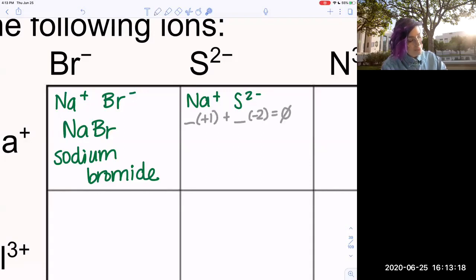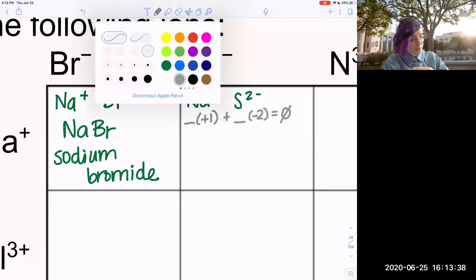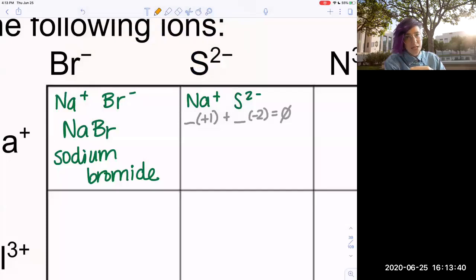So I'm trying to ask myself, what goes in these blanks? How many +1s and how many -2s do I need to add up to 0? So think about adding more of your smaller ones to get to the bigger one. The bigger one here, or bigger absolute value, is the sulfide. So how many of these sodium ions do I need to cancel out a sulfide?